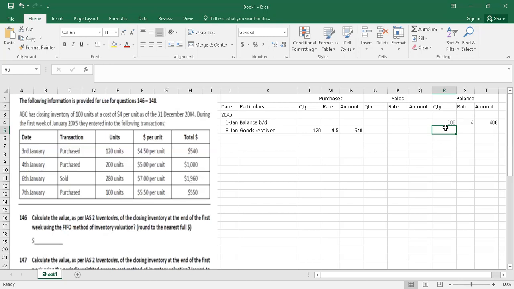They can be added and recorded, but there is a reason why they would not be added, but they are mentioned in the stores ledger separately. When we come to the sales transaction, at that time you would realize. As of now I'm just writing as it is. This 100 units lot is one balance. Another balance is 120 units lot.